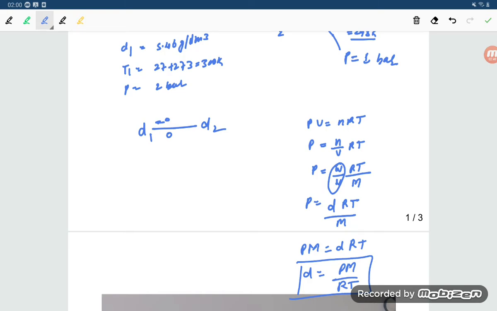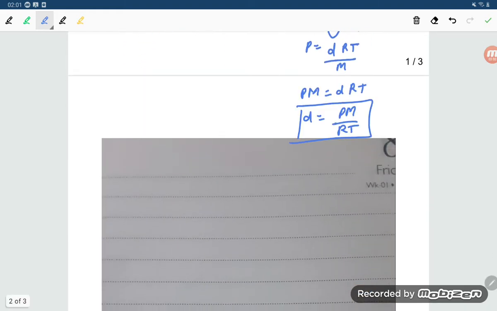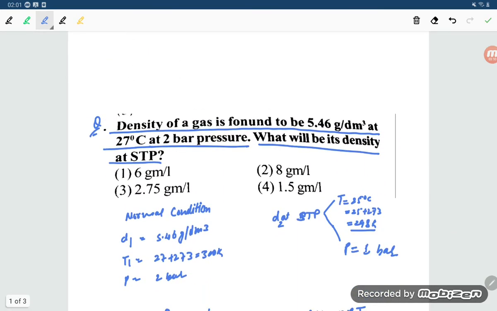Now we have to write the value of this M and the other values also. M1 equals M2, because the same gas is there. Read the question: density of a gas, same gas is there, found to be this much at this pressure.